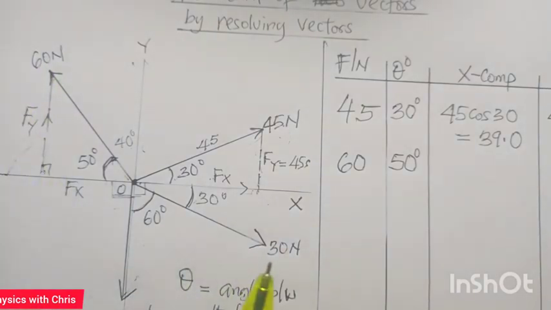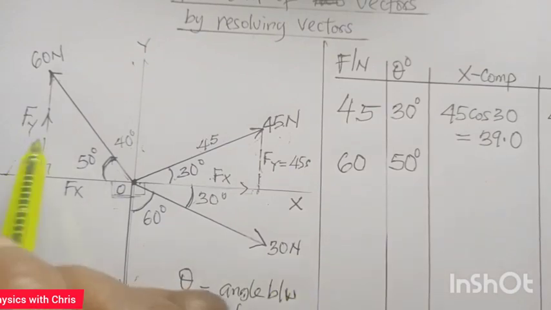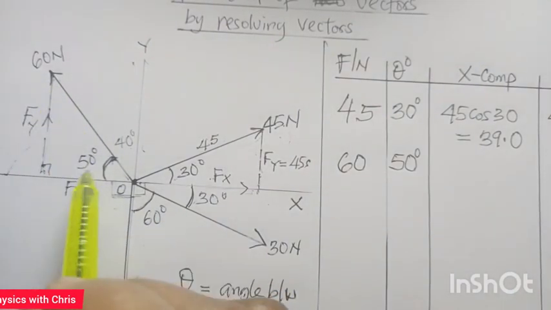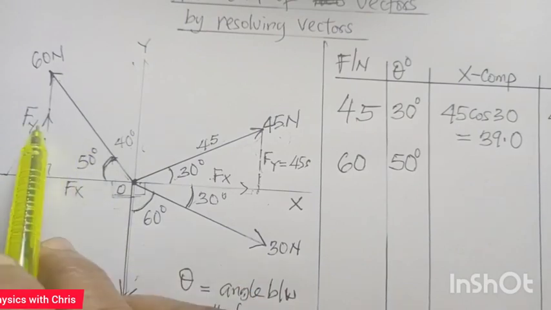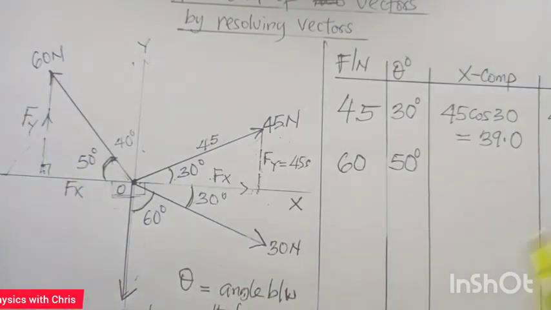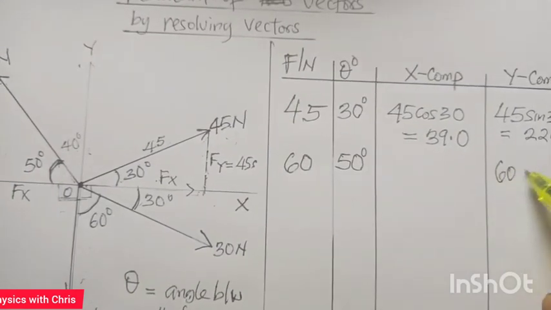Any vector pointing in the upward direction along the positive y-axis is taken as positive. So this is opposite over hypotenuse, that is sine. Fy equals 60 sine 50, and 60 sine 50 is roughly 46.